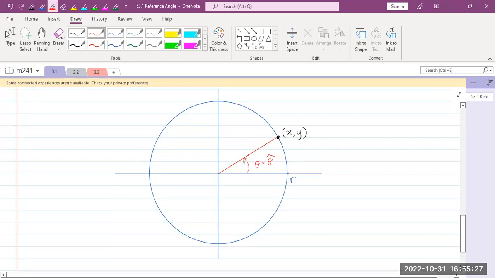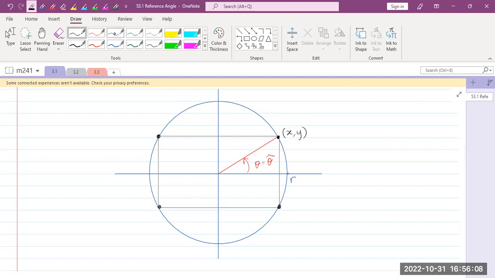Now, I want you to observe the following, the new stuff, fun stuff, good stuff. Notice that the following 4 coordinates in this rectangle here have the same reference angle.